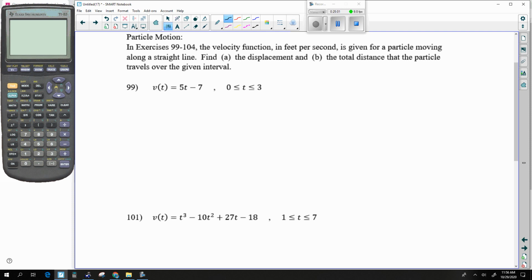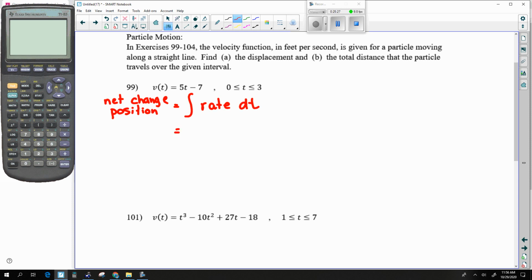Okay, the displacement and the total distance. So let's start with the displacement. The displacement is the change in position. So net change in position is equal to the integral of its rate.